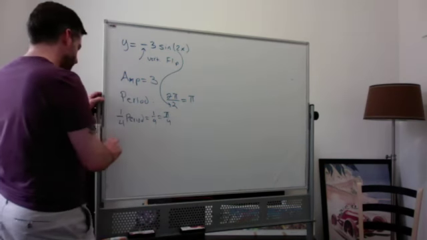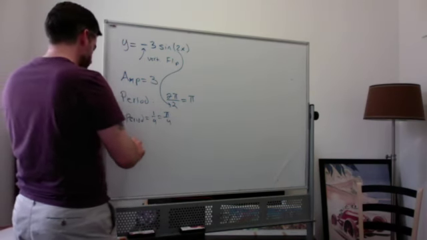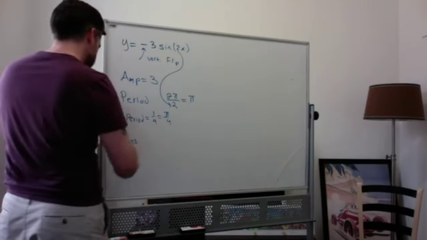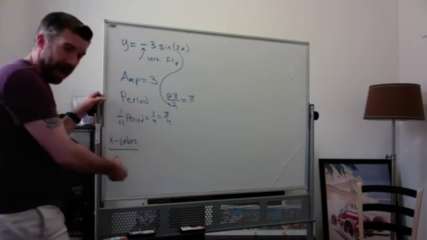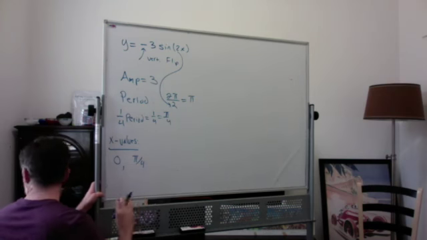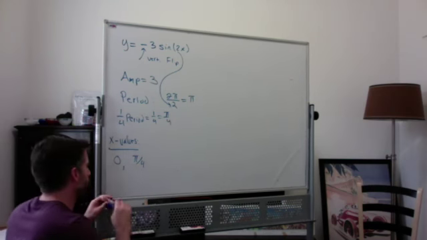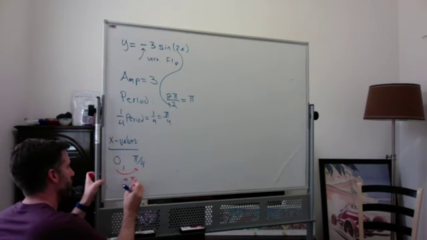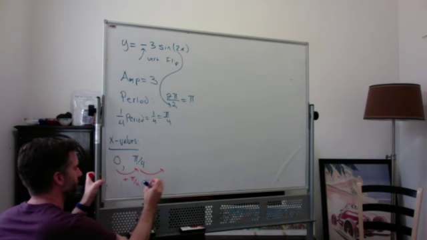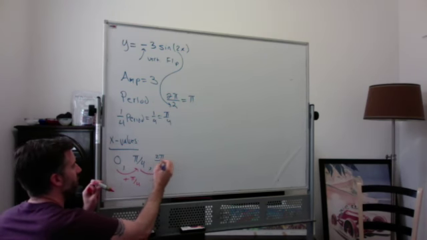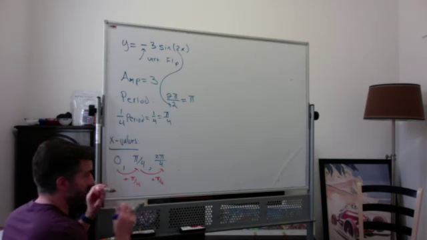So our x values, they're not intercepts, they're just our important x values. They're going to be first 0, and then we're going to add pi over 4 to get pi over 4. And then I'm going to add pi over 4 again to get the next one. And pi over 4 plus pi over 4 is 2 pi over 4, which yes, you could simplify to pi over 2, but you don't have to.